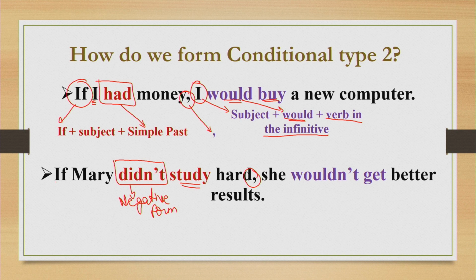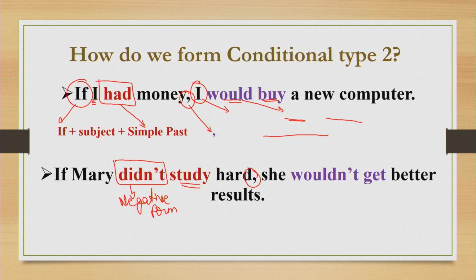We go now to the second part, which starts from the subject. Then we have "wouldn't". As we have seen, the negative form of the first verb is "didn't", and here we have "would", which is affirmative. It may become negative as well, so it depends on the context or the meaning that you want to give, right?